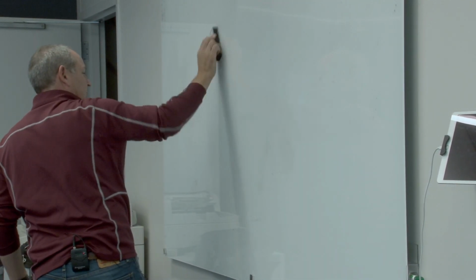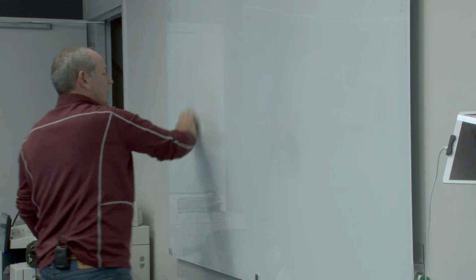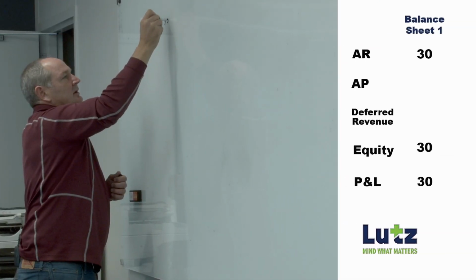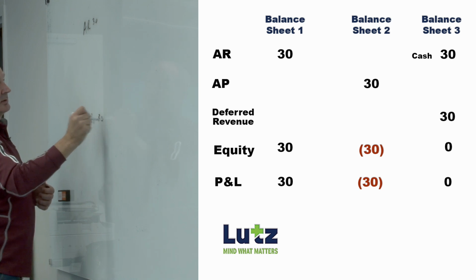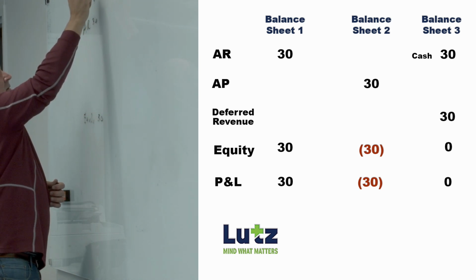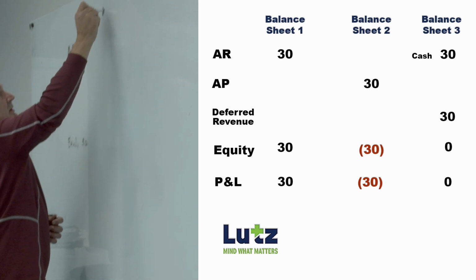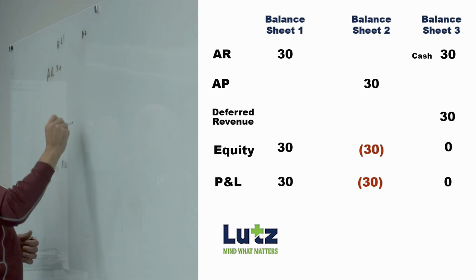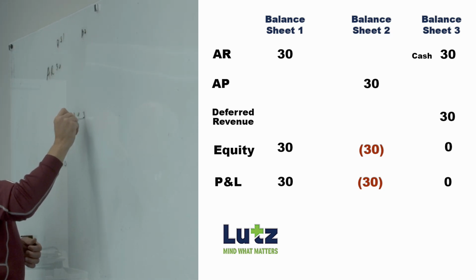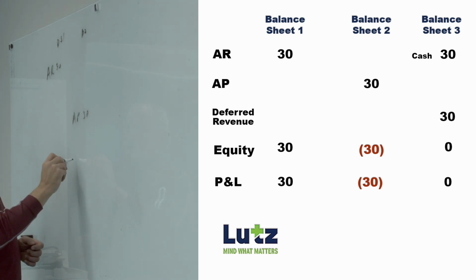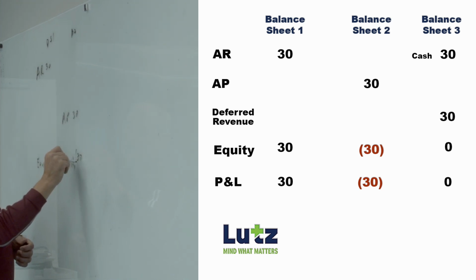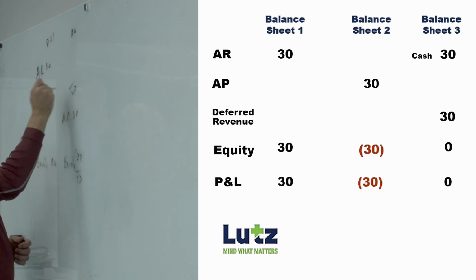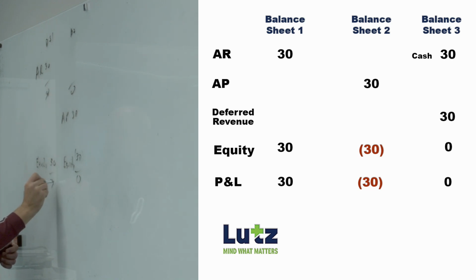I'm going to do 3 balance sheets. One is AR is 30, equity is 30. That's balance sheet 1. Balance sheet 2 is going to be AP 30, equity negative 30.